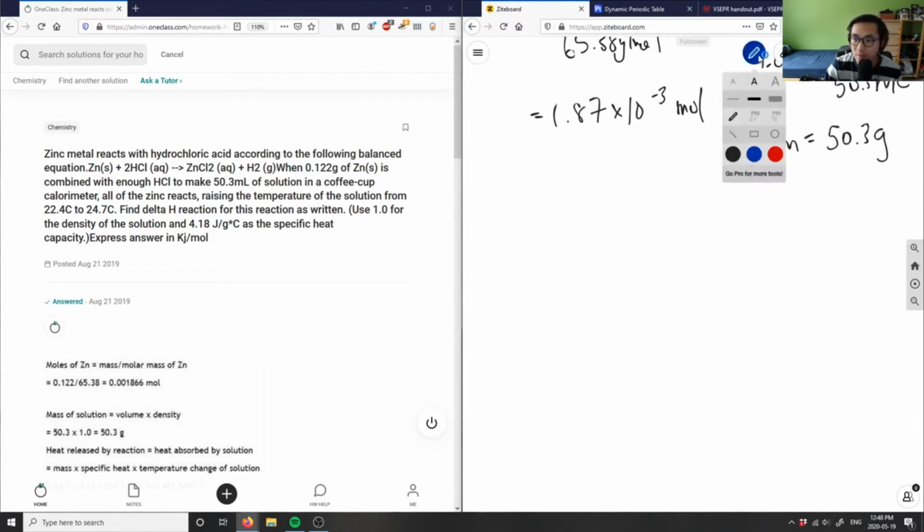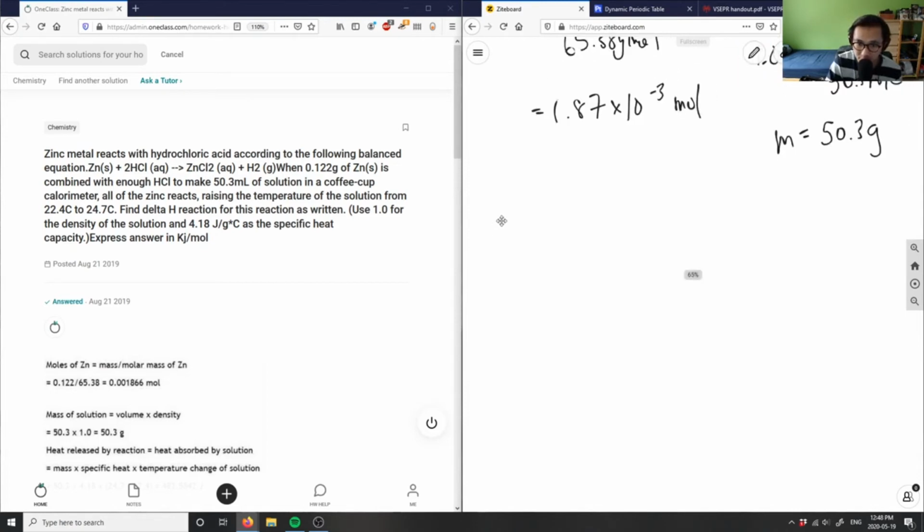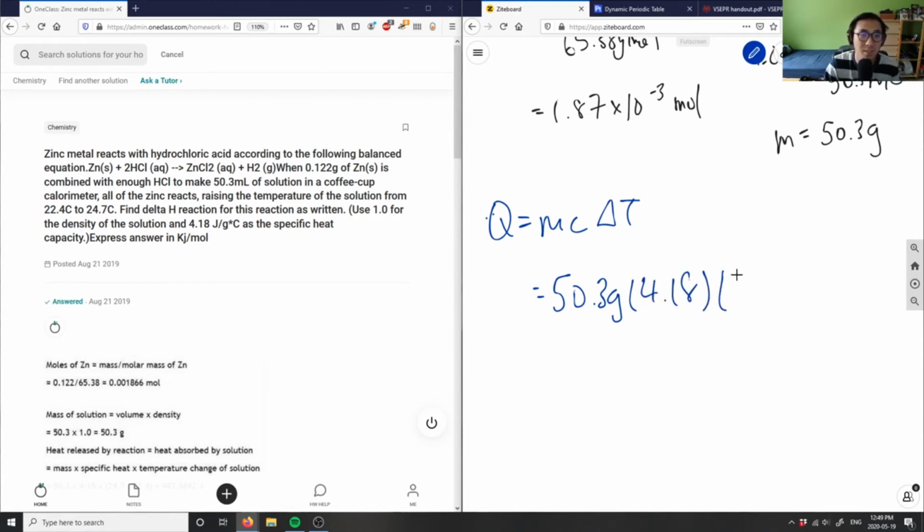So Q equals MC delta T. M here is 50.3 grams times 4.18 as my specific heat capacity, and the delta T is 24.7 minus 22.4, T final minus T initial.